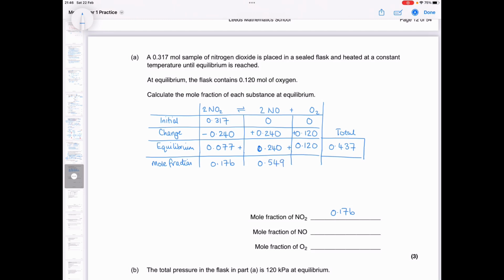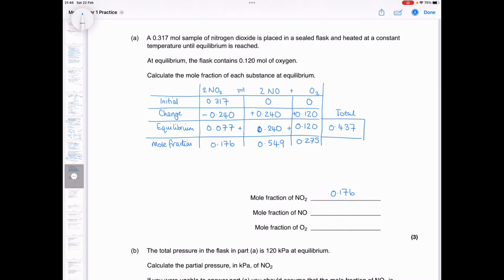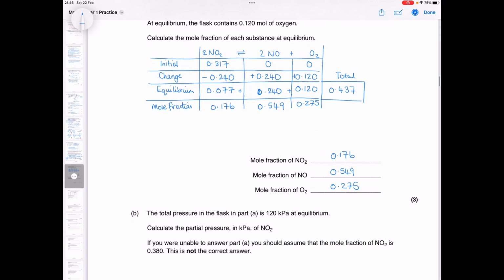And then for the oxygen it is 0.120 divided by 0.437, which is 0.275. So let's make sure we get those in the right order. 0.549 and 0.275. These little tables are really, really useful for doing calculations like this.